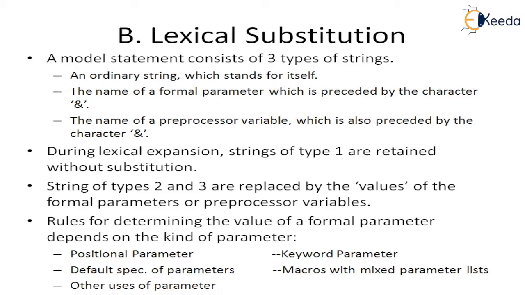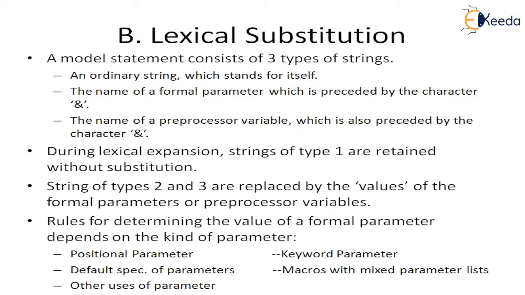Strings of types 2 and 3 are replaced by values. So the ordinary string is retained without substitution, and types 2 and 3, the formal parameters and preprocessor variables, are replaced by their values. In this way it works.